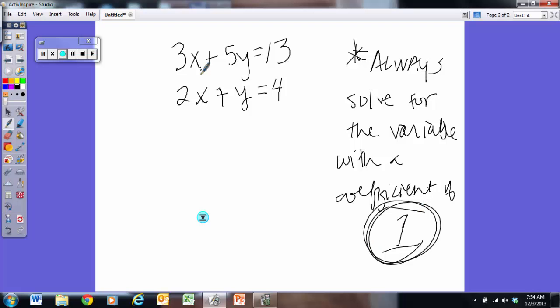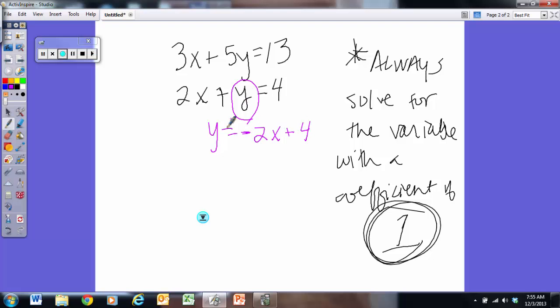So the coefficient of this x is 3, the coefficient of this y is 5, the coefficient of this x is 2, the coefficient of this y is 1. So we are going to choose to solve this equation for y. And all I have to do is subtract 2x from both sides.